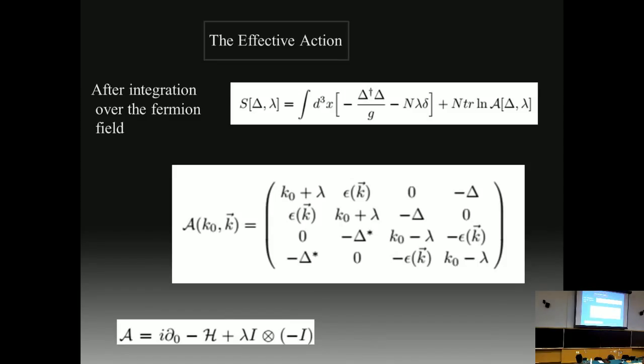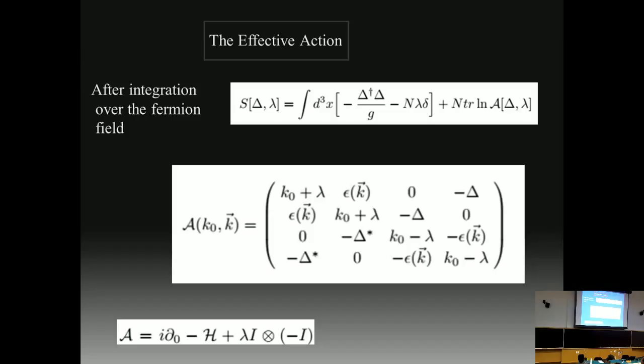So we compute the effective action by integrating over the fermion fields. So we get this expression here, where we have K0, because in order to get the action, we must have the Lagrangian. So this is i delta_0 minus H, the Lagrangian.